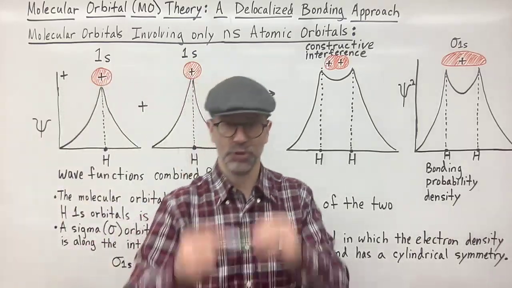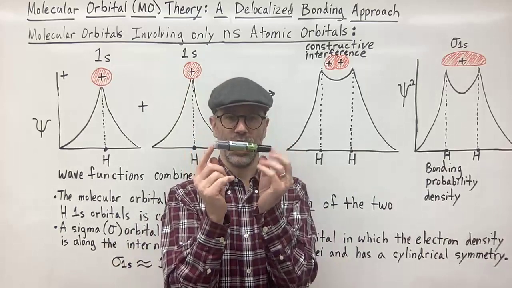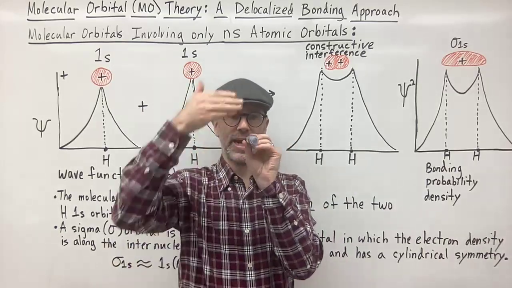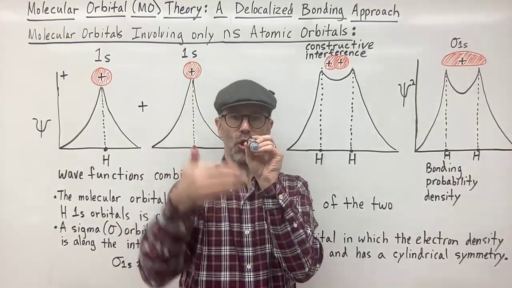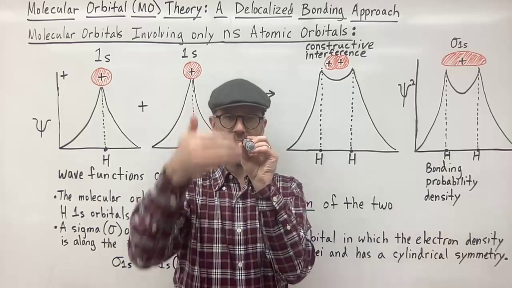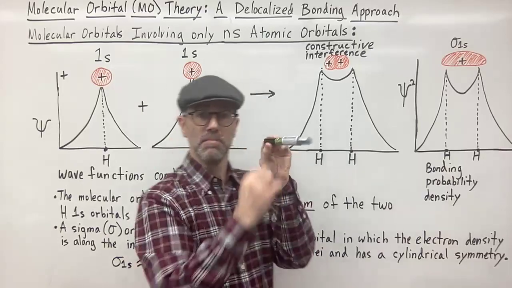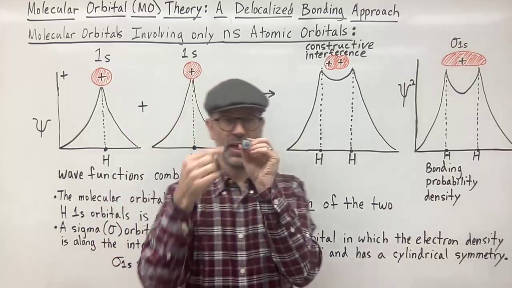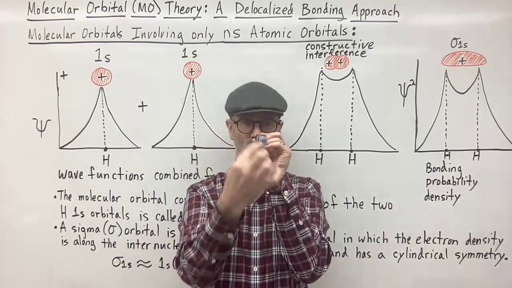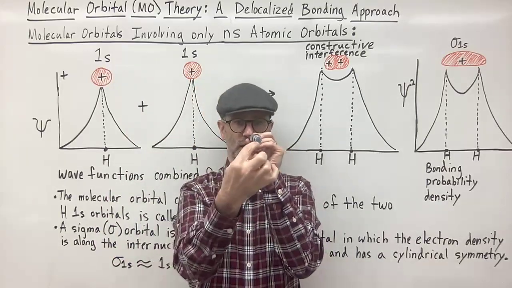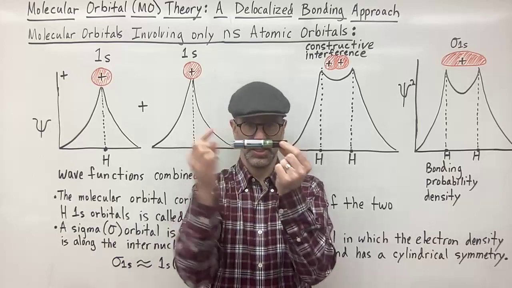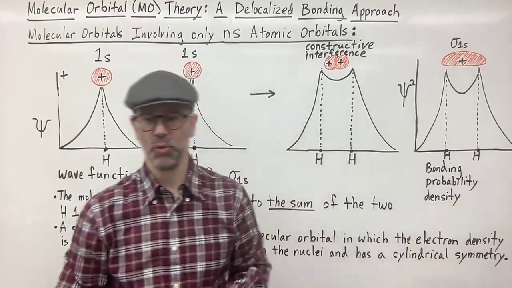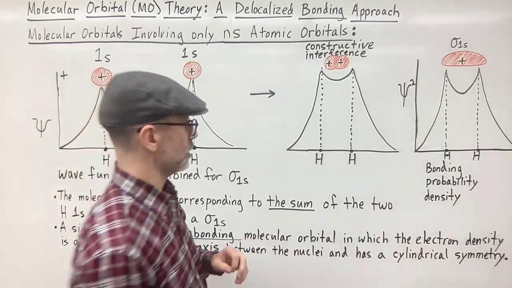So for example, this marker here has a cylindrical shape. If I start cutting it perpendicular to the axis, you would see circles. Look at that circular shape. So if I cut it, you'll see a circle because it's a cylindrical shape. That's what we mean by cylindrical symmetry.